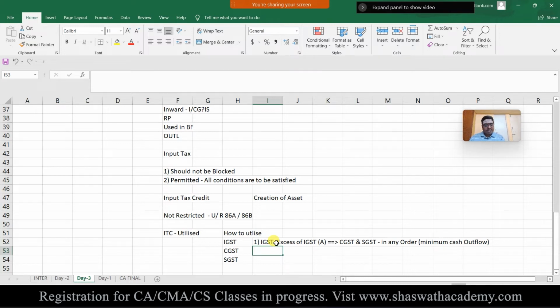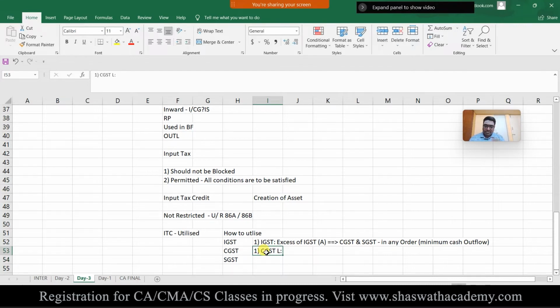Same way, sir, CGST asset, all these things are assets created, okay? CGST asset, first I will adjust for what, sir? CGST asset will be first utilized for CGST liability. Over and above the CGST liability, if anything is there, I will be using IGST.